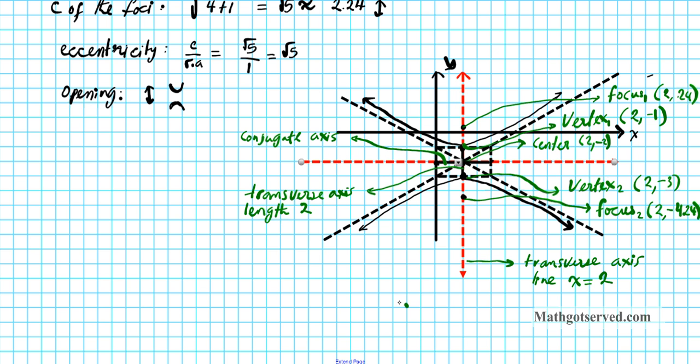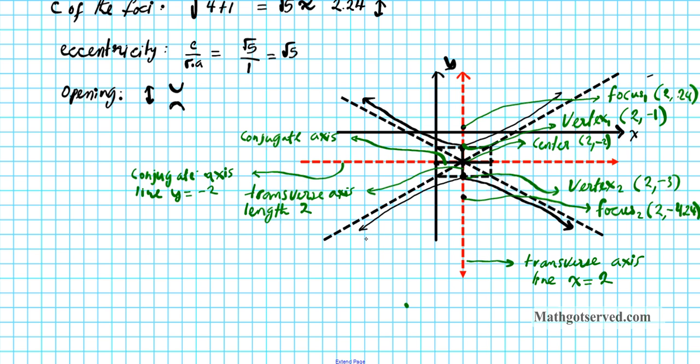All right, I just changed the color of our conjugate axis line to red, so let's go ahead and label that. So this is going to be our conjugate axis line. Put a label, so this right here, our conjugate axis line is going to have the equation y equals the y coordinate of our center, which is negative 2.